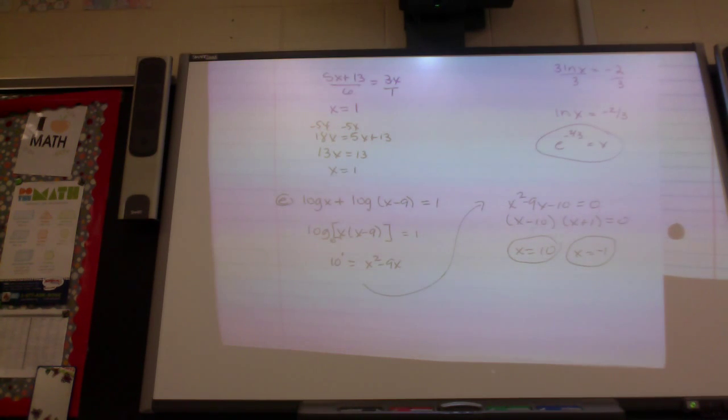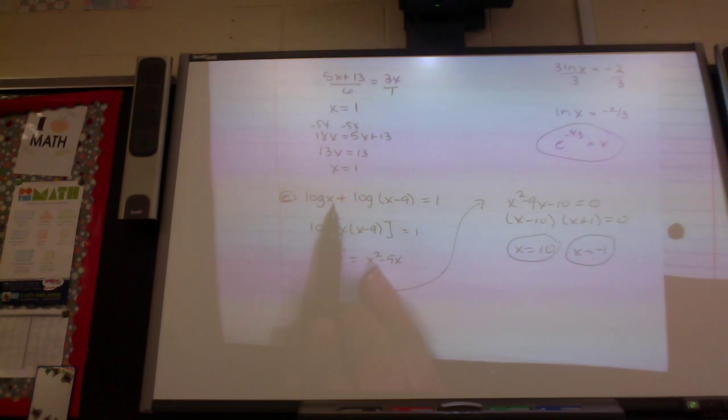Anyone see any problems with x being 10 or x being negative 1? It cannot be negative. So why can't it be negative? Because this base here, x, has to be greater than 0.